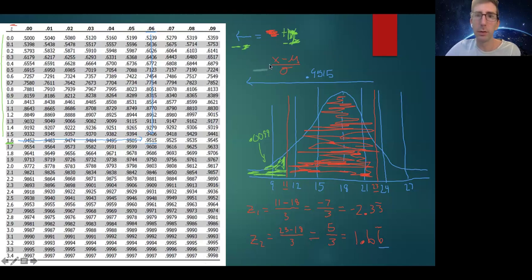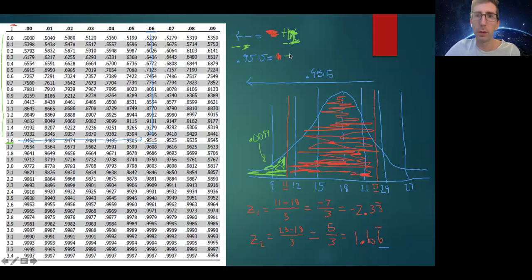So I'm going to erase this formula and replace this color-coded thing that I have here, these shapes, with our actual values. So we know what we started with, the blue area was 0.9515, and we don't know red, so we'll just leave that as our red squiggle that we're still looking for.